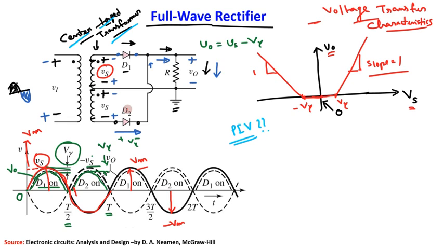Maybe if we redraw the circuit a little bit in another way, it would probably be helpful for us. So let us draw it here quickly. This is the primary winding, this is the secondary winding, and this is the center tap.